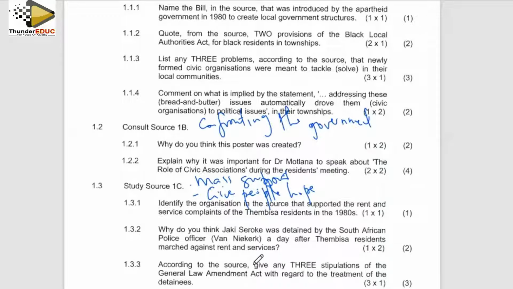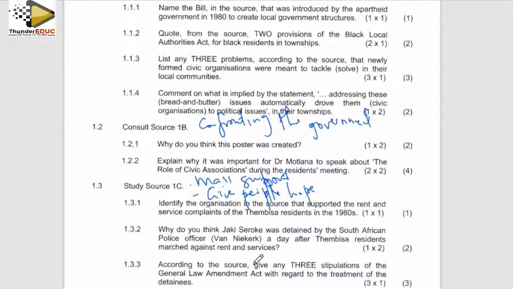Why do you think Jaki Seroke was detained by the South African police officer Van Niekerk a day after Tembisa residents marched against rent and services? Right. We are looking at a situation here where a person who is influential against the resistance to apartheid, who is mobilizing marches against the rent and services, is being arrested by the police and detained at the police station. Why did the police detain that particular individual?